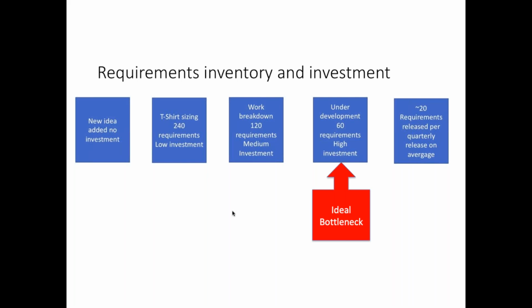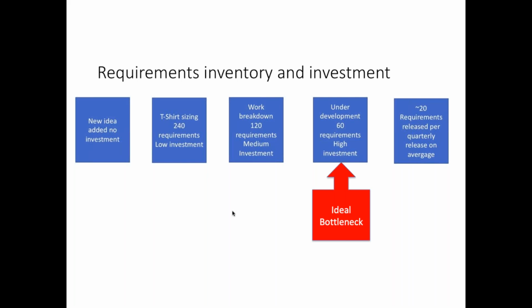And then eventually you're going to break that requirement into a lot of detail to go down and work on it. And that's going to take a higher investment. And then you're going to put it under development. And this is where ideally we want the bottleneck to be. So in this scenario, this should really be our drum and our buffer and our rope.